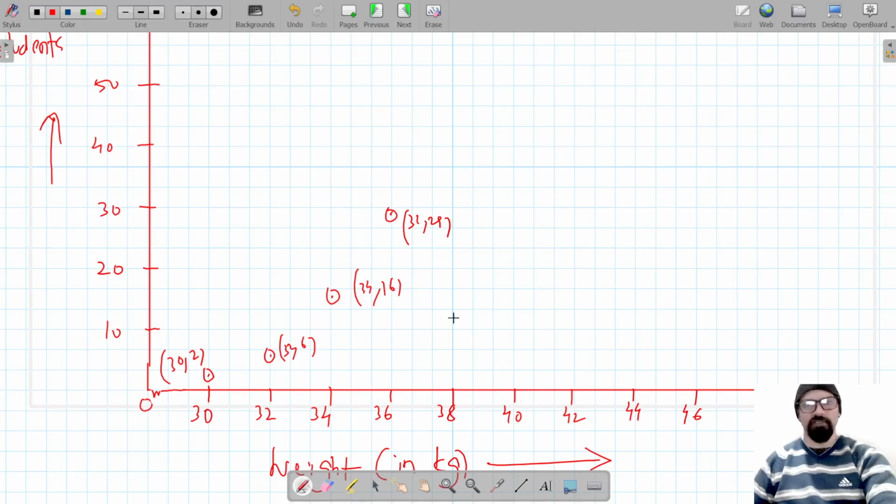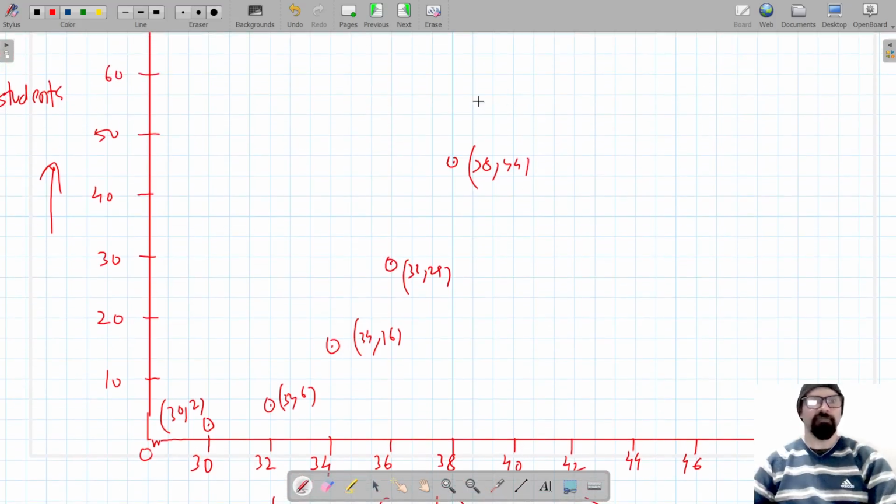Now 38 comma 44, 40, 50, 45, and 44 will be here. 38 and 44, and then 40 and 53. So this is 55 and 40 and 53. Let's say it's here.